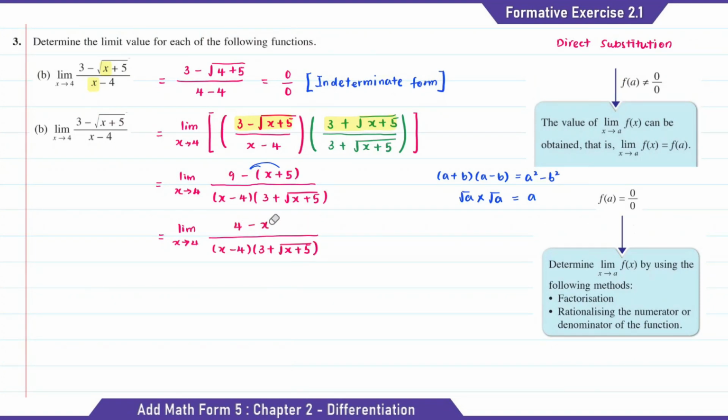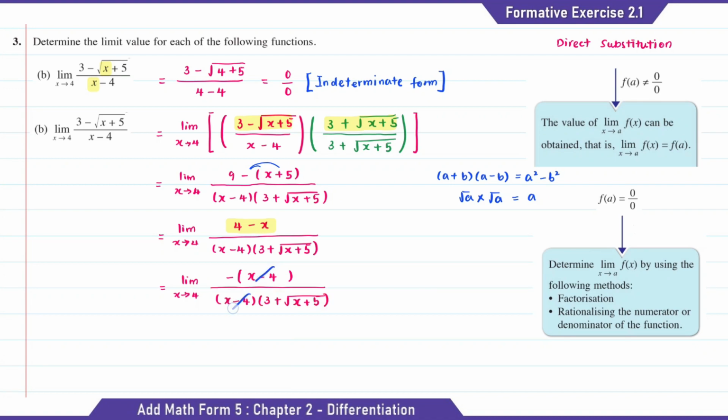So here, in order for us to cancel the numerator with the x minus 4, I'm going to factorize the numerator. So here I'm going to use negative 1 as the common factor. Then I'm going to get negative 4 plus x. And if I arrange this, it will be x minus 4.